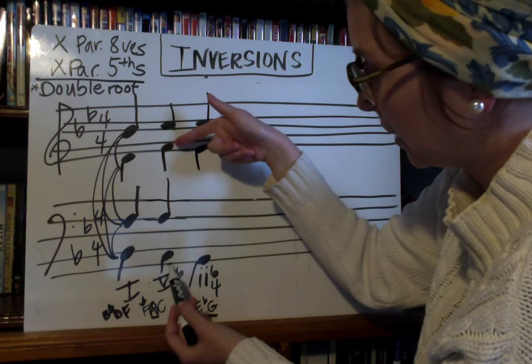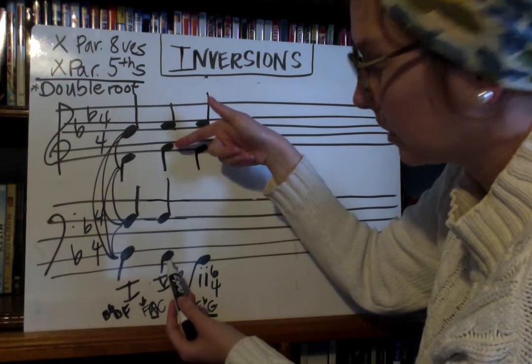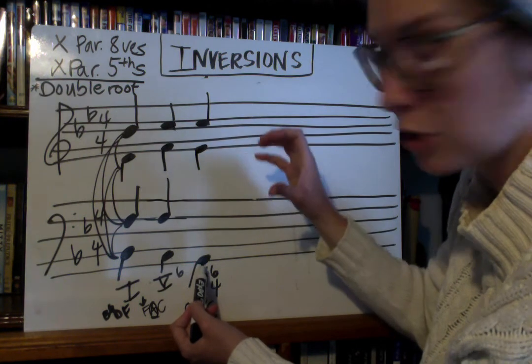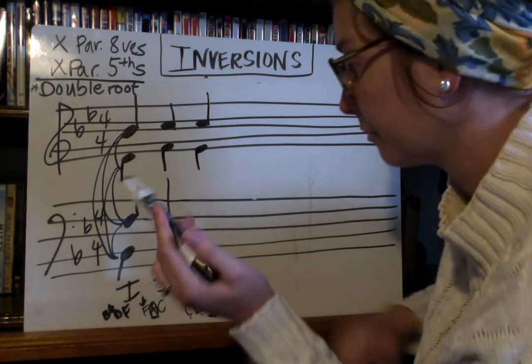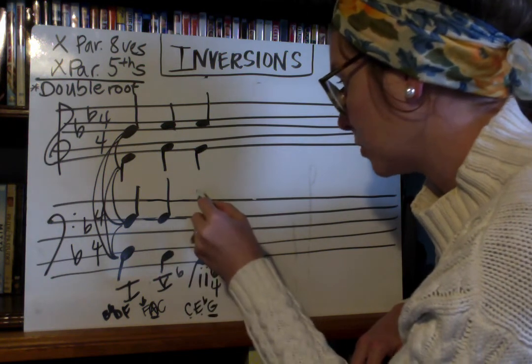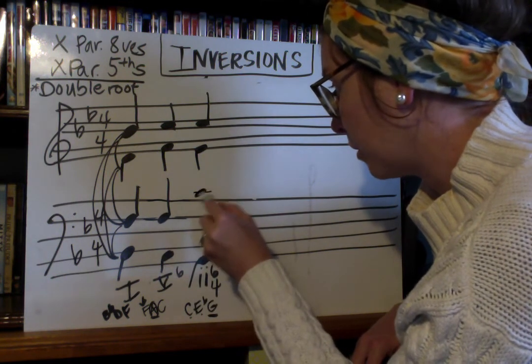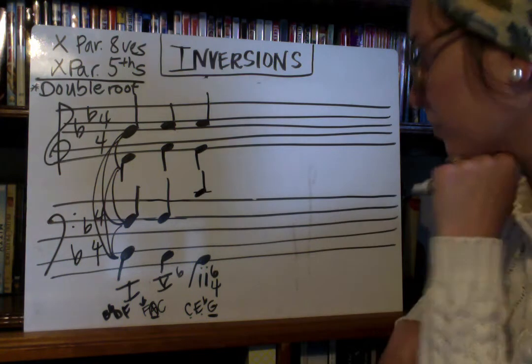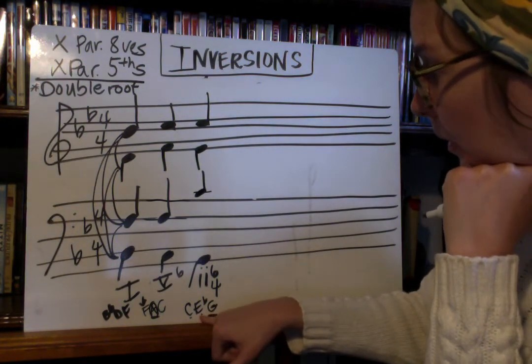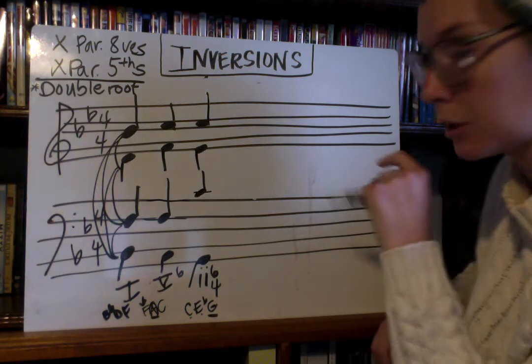Let's see if this is parallel. A and F, that's a sixth to another sixth. G and E flat, that's fine. Parallel sixths are fine. Let's make the tenors jump up to a C. That's not too big of a jump at all, okay? It's a fifth, it's fine, okay? And we're following all the rules. I have 2 roots, I have 1 E flat, and I have 1 G, okay?